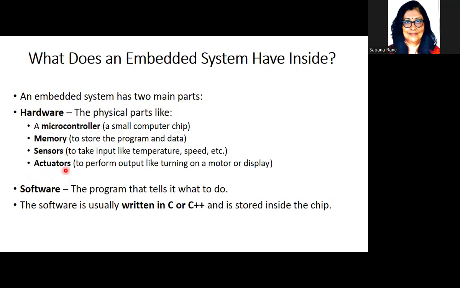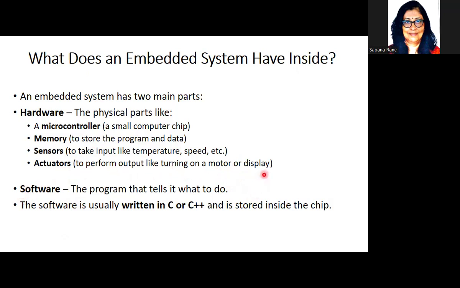It may be the rotation of the motor or turning on and off of the switch. The actuator is used to perform output like turning on motor or display or switch on certain gadget. So motor is your actuator, relay is your actuator, solenoid is your actuator, even display it may be your actuator.